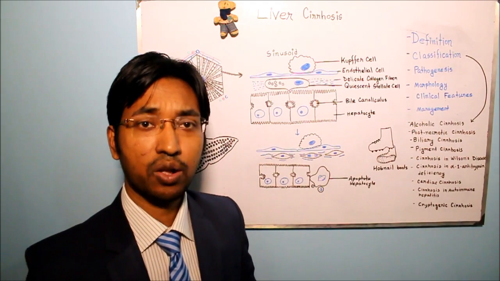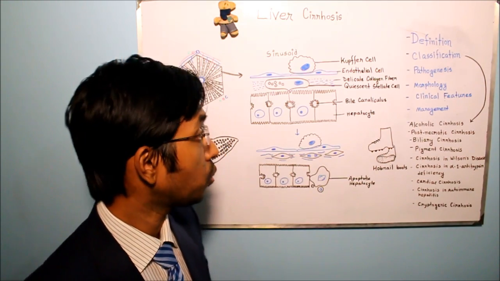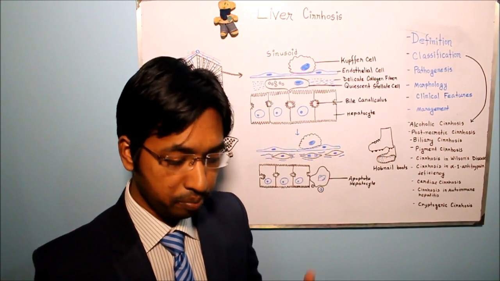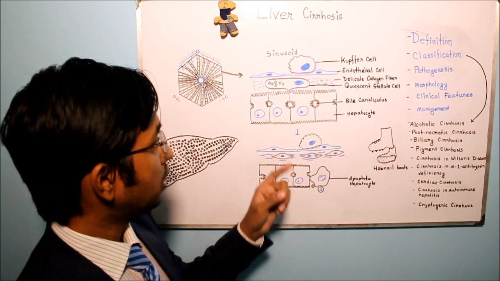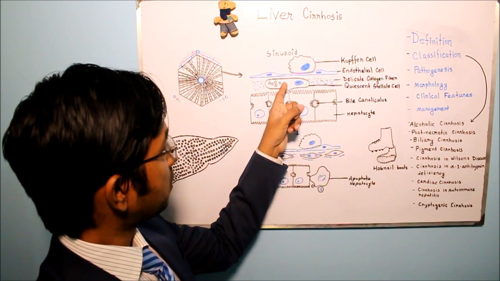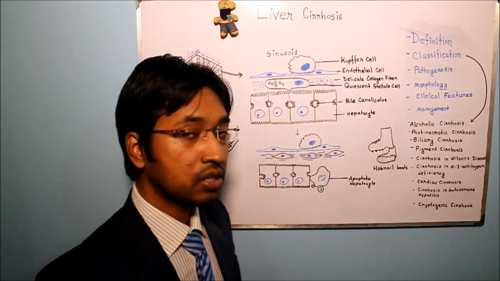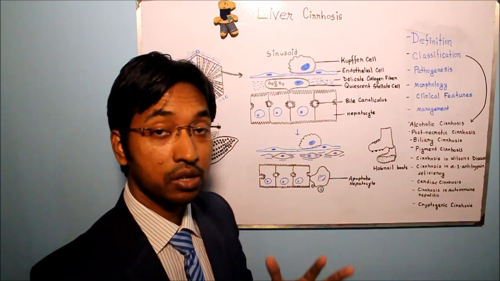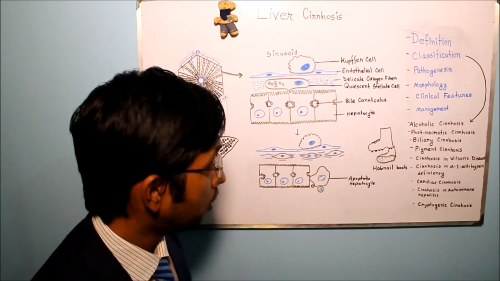Hepatic stellate cells can also be activated by direct toxin, and following destruction of the extracellular matrix components. All these stimuli will activate the hepatic stellate cell, resulting in myofibroblast formation, and those myofibroblasts will result in fibrosis, and they will also have contractile properties.